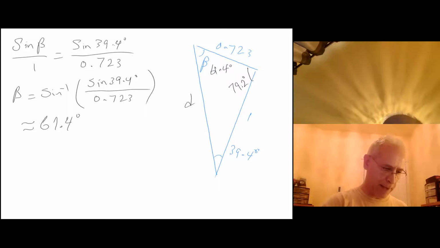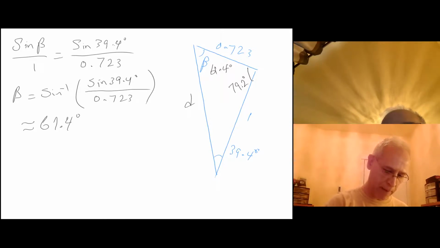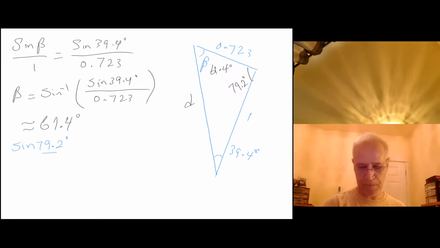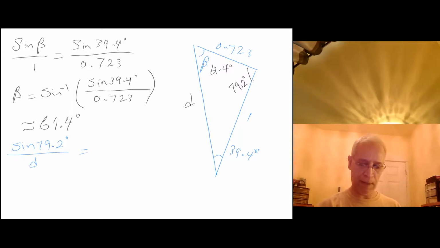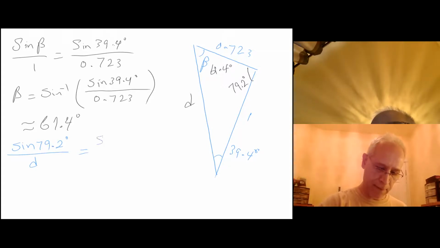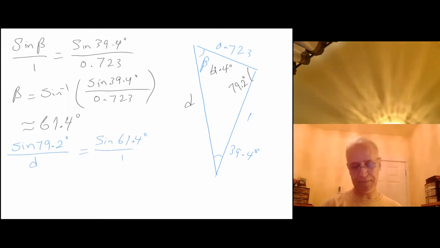So I have sine of 79.2 degrees over d equals sine of 61.4 degrees over 1. Anything over 1 is itself.